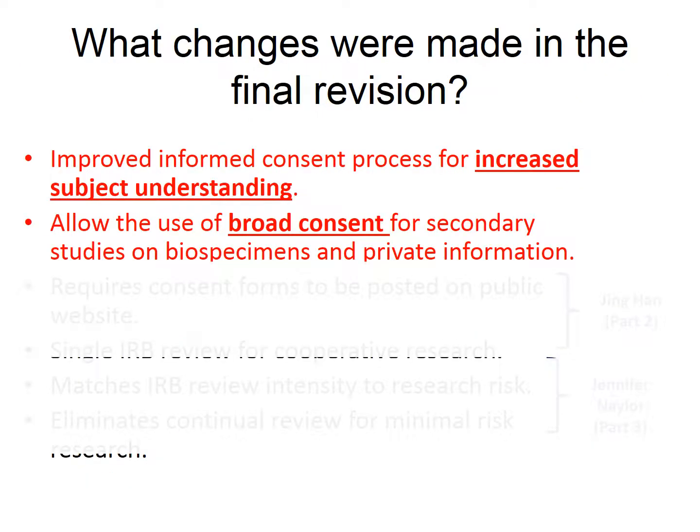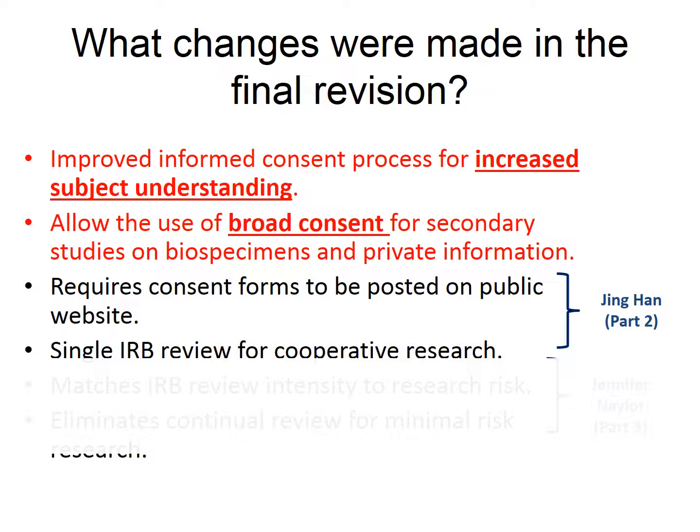I wanted to give a brief overview of the changes that we're going to be discussing that were present in the final revisions of the Common Rule. The first two I've highlighted here are the ones that I'm going to be discussing. The first is an improved informed consent process for increased subject understanding. And the second is an allowance of the use of broad consent for secondary studies on biospecimens and private information.